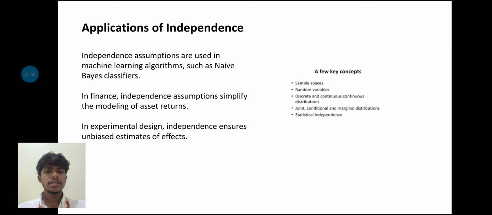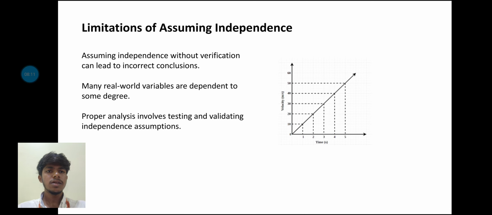In experimental design, independence ensures unbiased estimates of effects. A few keywords: sample space, random variable, discrete and continuous distribution, joint and conditional distribution, statistical independence.